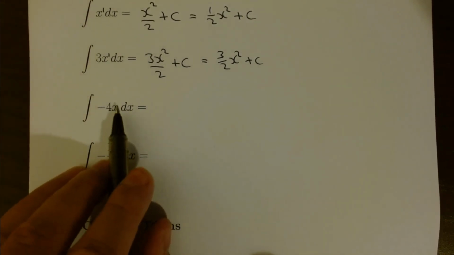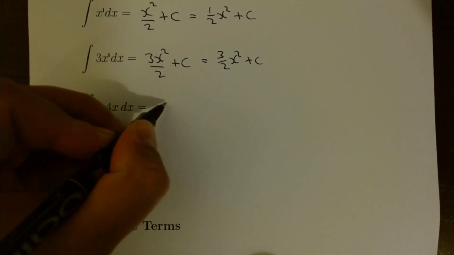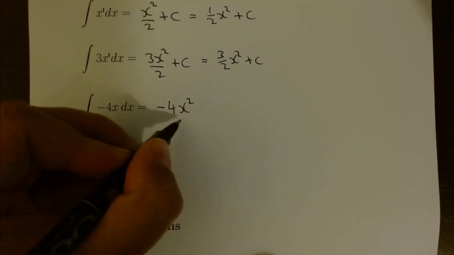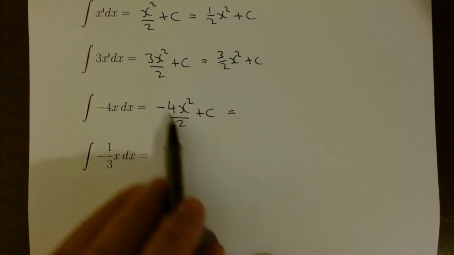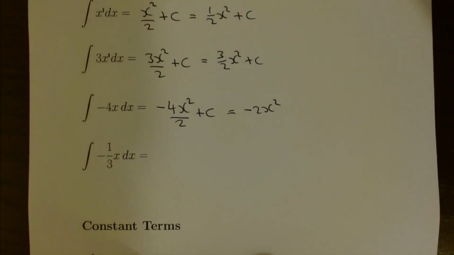So we don't have to keep on writing this one. So we have minus 4x, add 1 to the power over 2 plus c, and we can simplify. So minus 4 divided by 2 is minus 2, so we get minus 2x squared plus c.